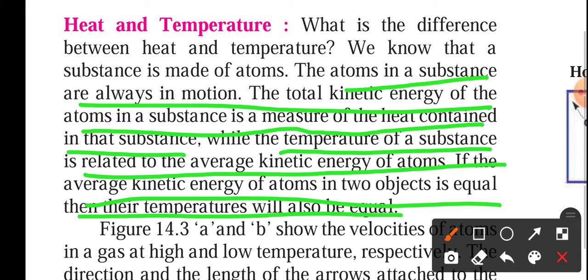So heat is the total energy stored in a particular object, and the average of all the energy is the temperature. If the average energy is the same for two objects, then their temperature will also be equal.